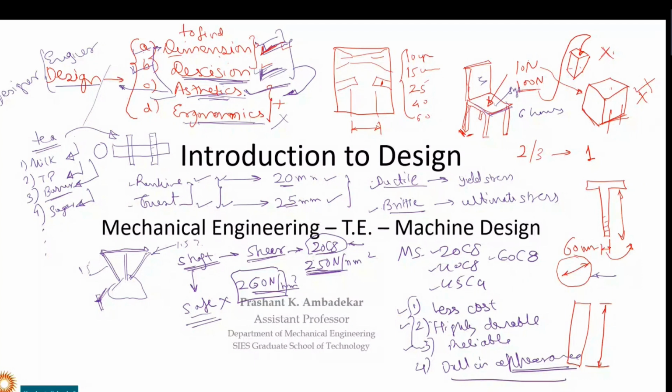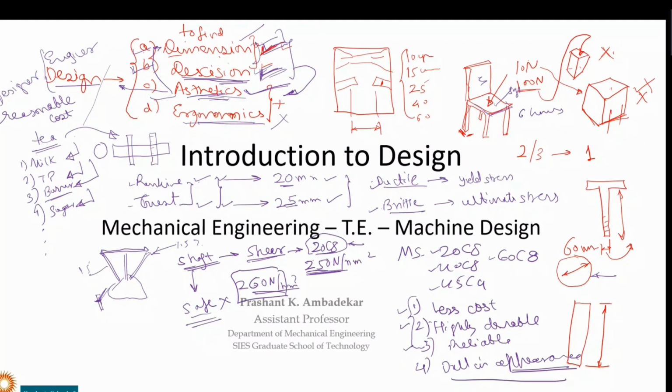So these are the four things which come into the picture when we talk about design. It's not only the dimensions. Design nowadays is dimension, decision, aesthetic, ergonomics, and that too at what? That too at reasonable cost. You say that, okay, sir, I am giving a good product, its dimensions are more, it will not fail anytime.